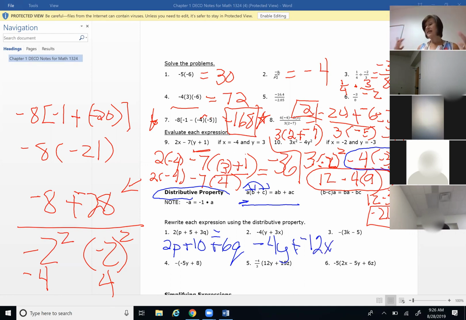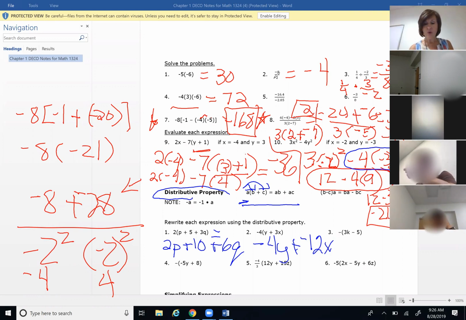So I can either write it as negative 4y plus negative 12x, or I can think of this as a negative 4 times a positive 3x and just write it as minus. Because remember, plus and negative is the same thing as subtraction. So you can either write it this way, or you could write it as negative 4y minus 12x. You just need to be sure there's only one minus sign there, but there needs to be a minus sign, okay? Now, look at number 3. What do we do with that?